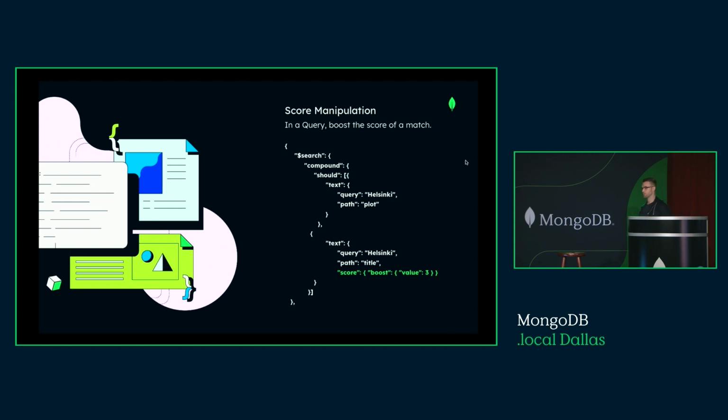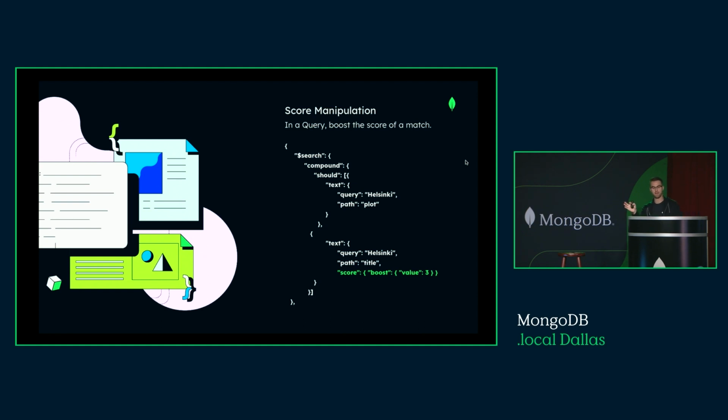Last one is score manipulation. A lot of people, the first time you experiment with autocomplete, I'm not going to lie, you're going to wonder why you typed in this exact word and it didn't pop up with autocomplete. That's because the way autocomplete works, it's going to score you based on matching every character. So when you want to match a complete token, like a complete word, you also have to add this compound operator here.